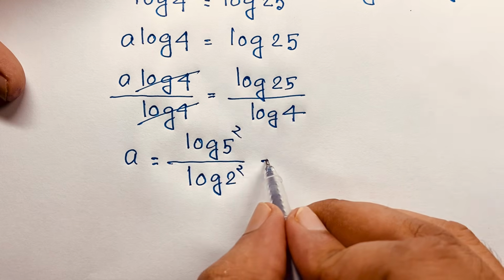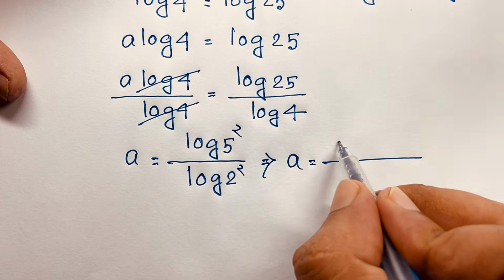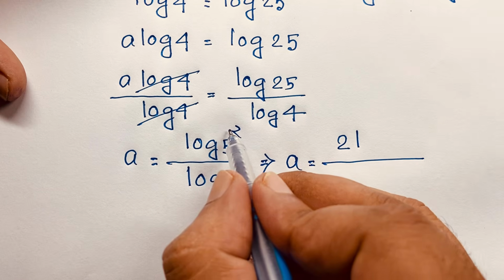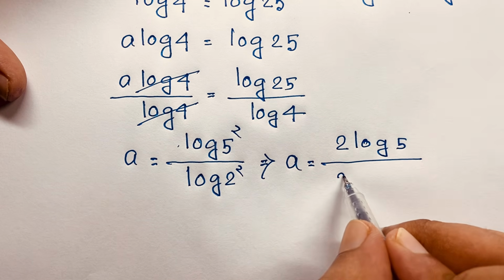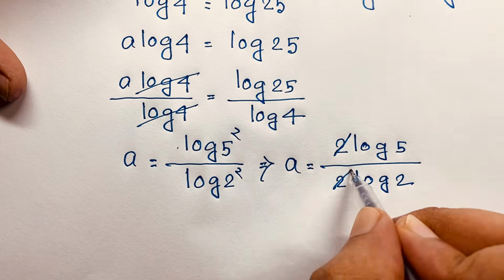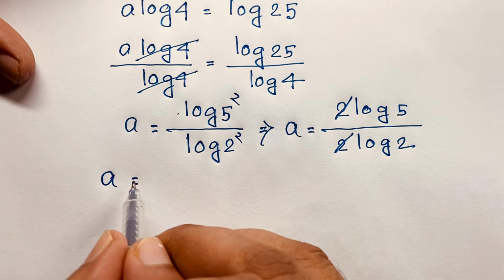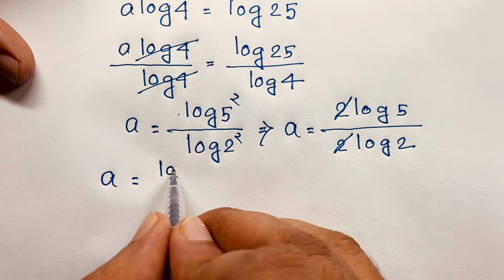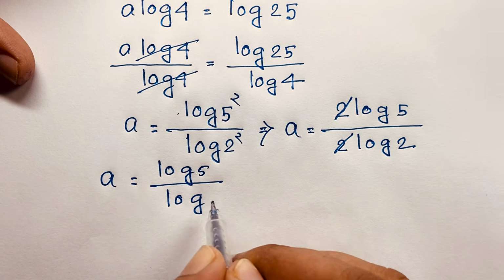Now you can say this expression will be a is equal to 2 log 5, the exponent moves in front, and this is 2 log 2. Now this 2 is cancelled. We'll find out a is equal to log 5 over log 2.